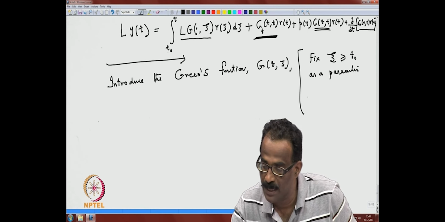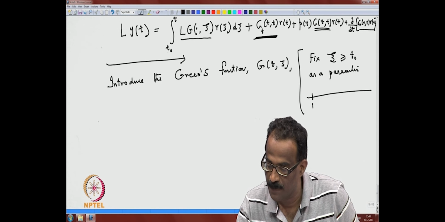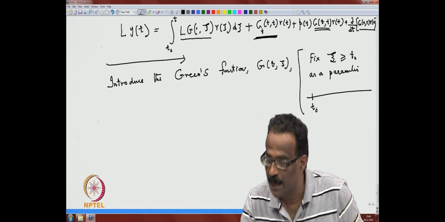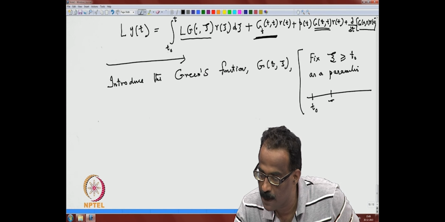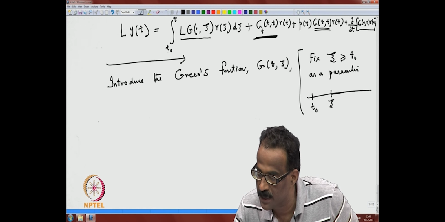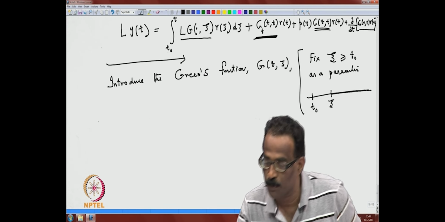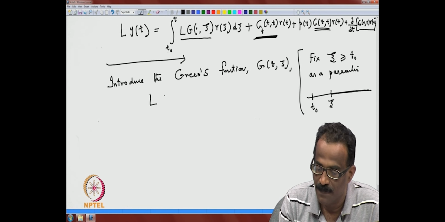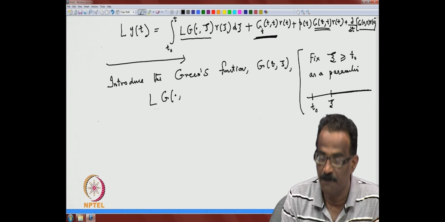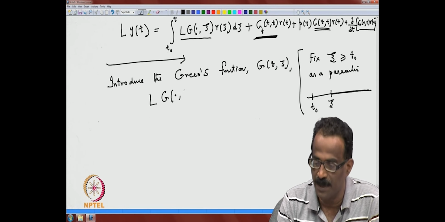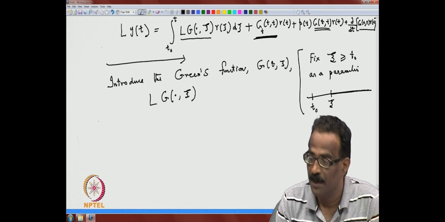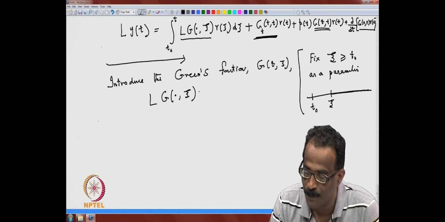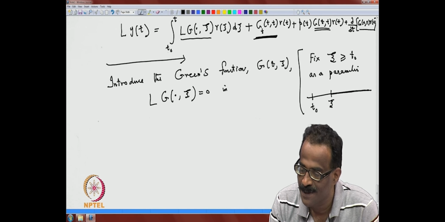So, what I will do is, you have t naught here, and I have some psi here. On this portion I will introduce the problem. So, I will introduce the problem L of g, where the differential operator is with respect to the t parameter, and psi comes in because I am introducing the problem for psi to t.